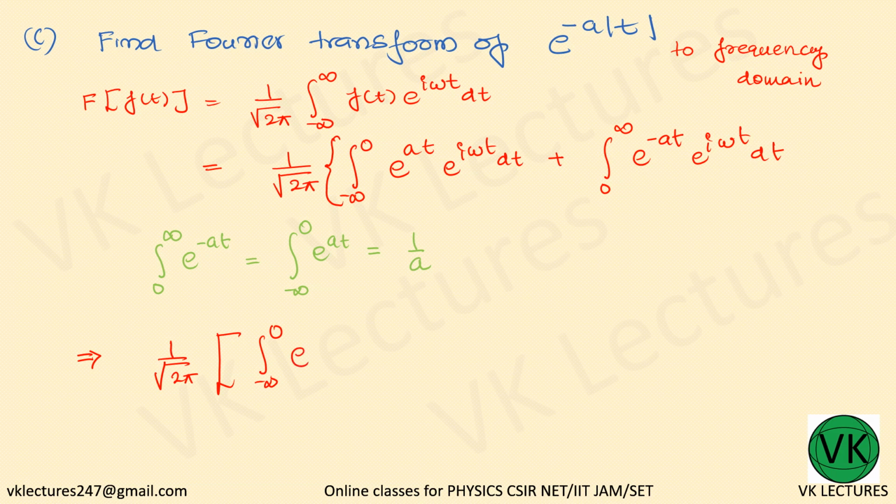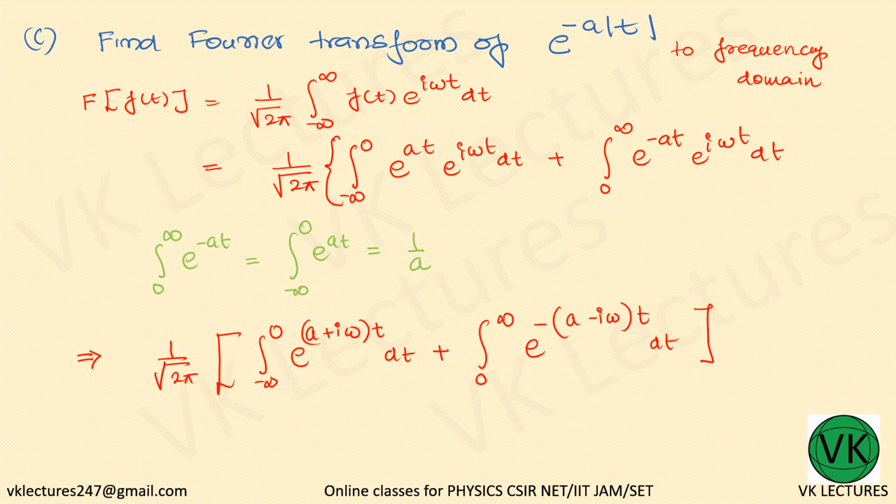So e to the power (a plus i omega) t dt, plus integral from 0 to infinity of e to the power, now let's take minus a out, so minus of (a minus i omega) t dt.